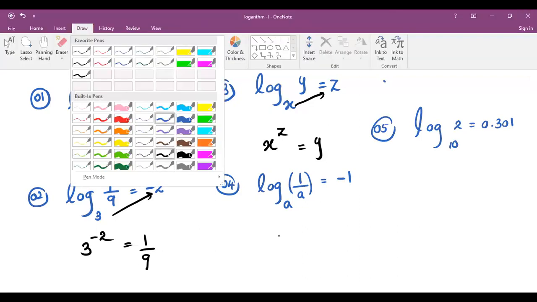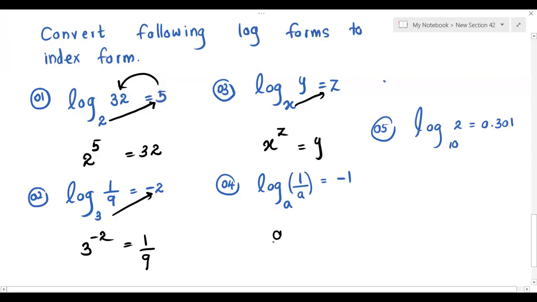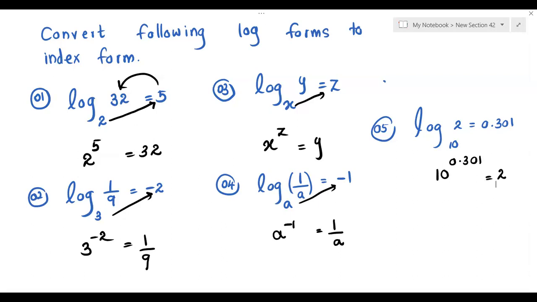Here we know that the base is a, and the exponent or the index is -1. It is equal to 1 over a. Then here, the base is 10. 10 to the power of 0.301 is equal to 2. Okay, here are the answers. Check whether you have got these answers.